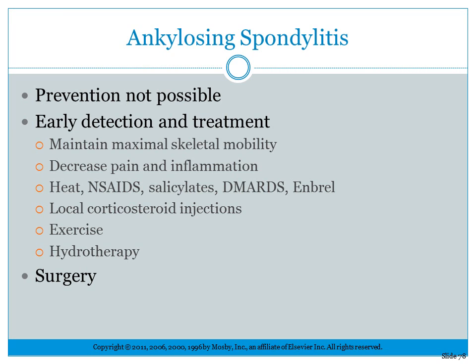We want to focus on maintaining skeletal mobility through exercise and movement. We want to focus on decreasing pain and inflammation through the use of heat and cold, NSAIDs, aspirin, and DMARDs, as this is a rheumatoid type disease.